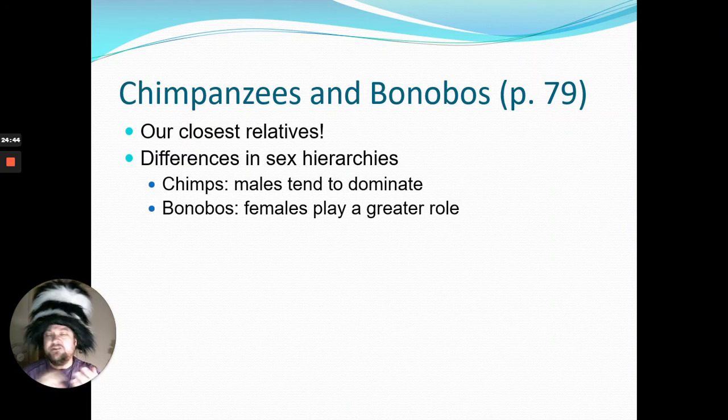So there are hierarchies in both, but among chimps, it tends to be the males, and they'll tend to dominate over females. That doesn't mean the females are completely passive and don't have any power, but it's just that there's this tendency. Whereas among bonobos, there are hierarchies among females and among males. But for a male to have any kind of alpha status, he has to have an alpha mother, right?